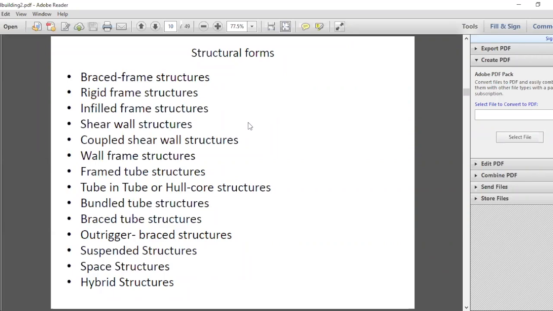And there are so many forms, but the most important point about all these different arrangements is that the apartment building or the office building should be able to resist the wind loads acting on it. So for that, we have to see how all these different structural forms can be made effective. So we'll look at all these different types of structural forms.